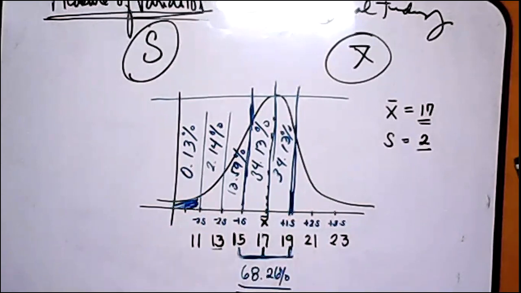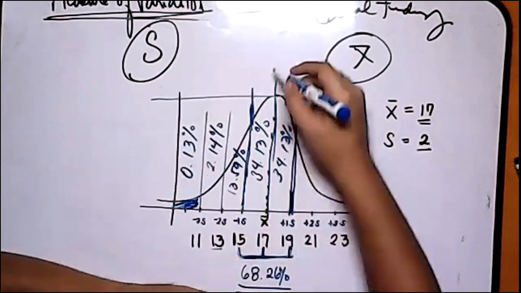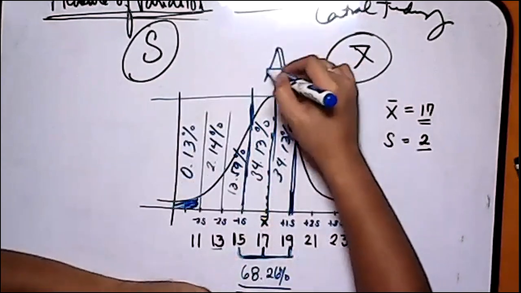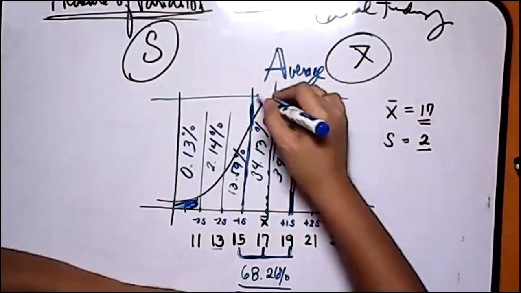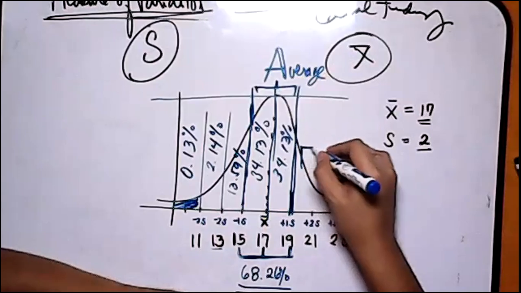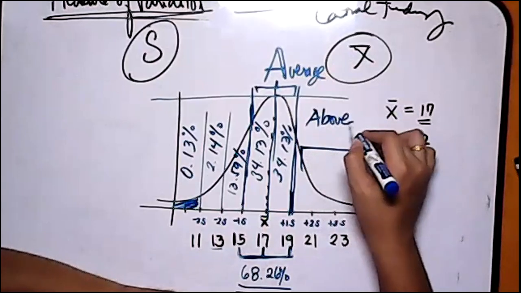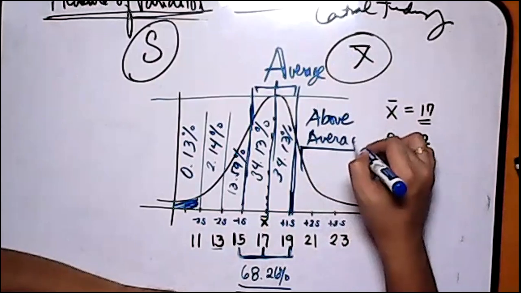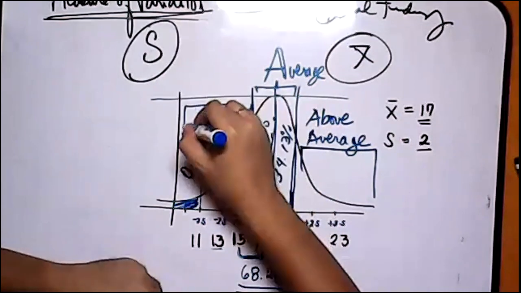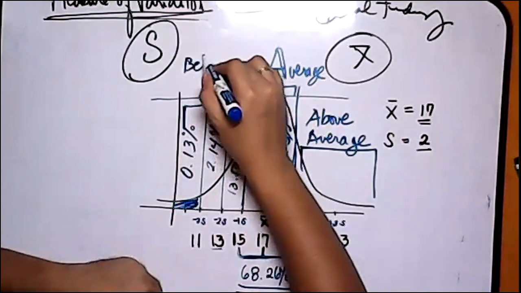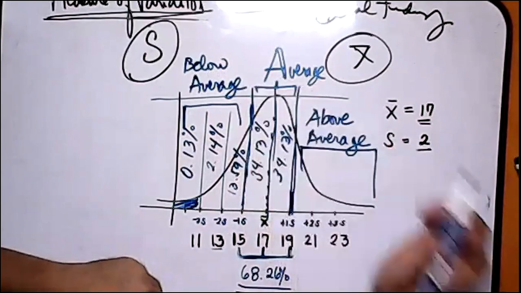All right? So if your score is within this area, this is our average area. But if your score is already in this part of the normal curve, this is what we call above average. And if your score is within this area, this is what we call below average.